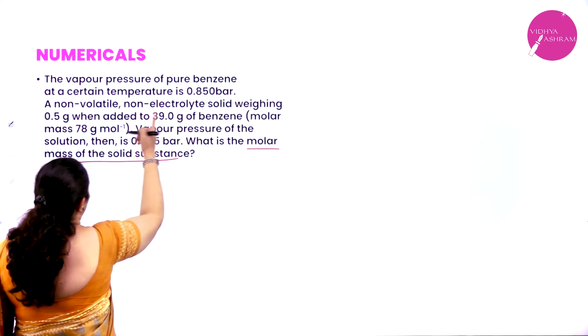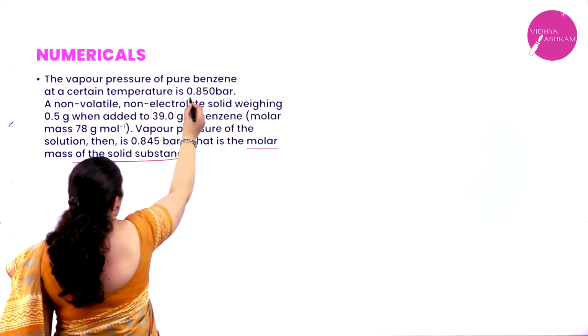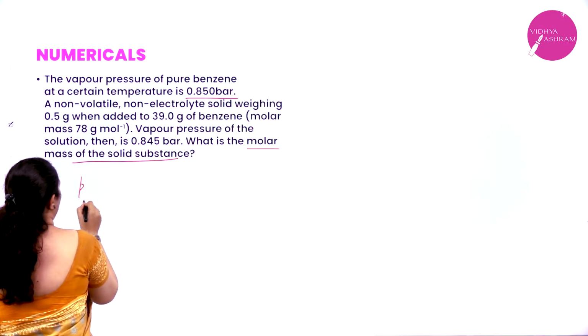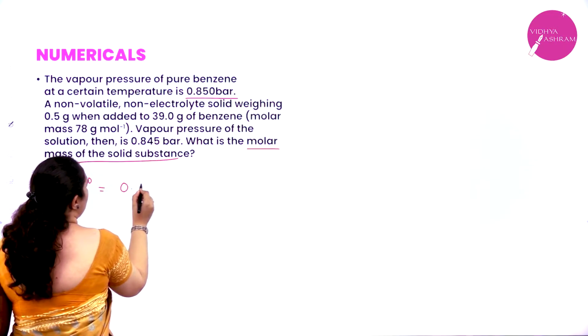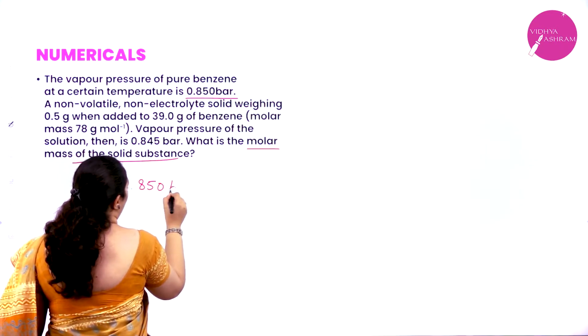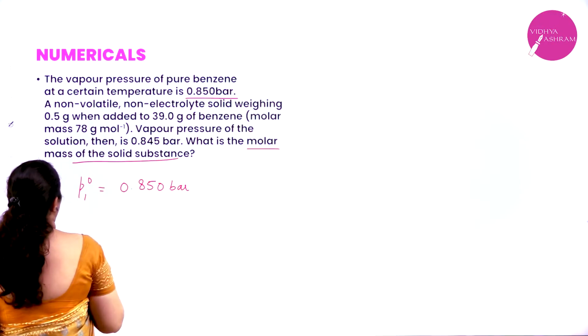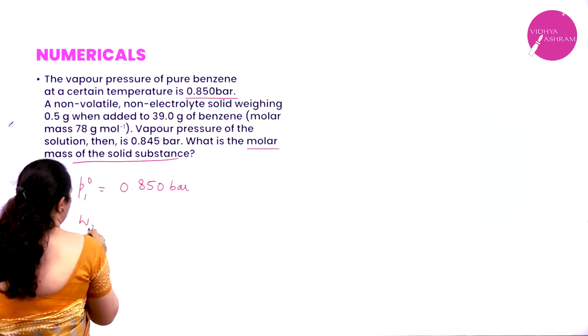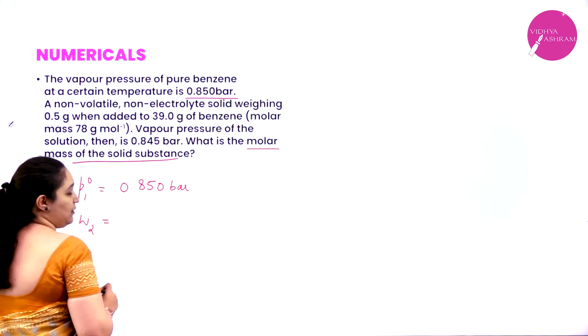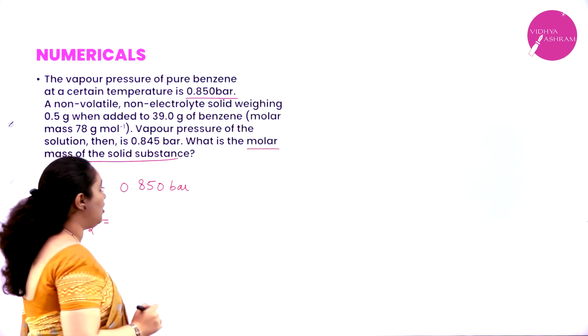First one is they have given the vapor pressure of pure benzene, that is P1⁰ is equal to 0.850 bar. Okay. Then they have given a non-volatile, non-electrolyte solid. So that is solute W2. 2 subscript we use for solute, 1 we use for solvent. Okay.